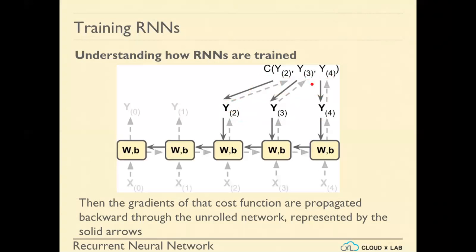This is the cost function, and we are going to differentiate it. We find the rate of change of the cost function with respect to y2, as well as y3, as well as y4. Then we compute the rate of change of y2 with respect to dW, and the rate of change of y2 with respect to y1, and the rate of change of y1 with respect to x0, and so on, y1 with respect to W. This way we will propagate the error till this point.